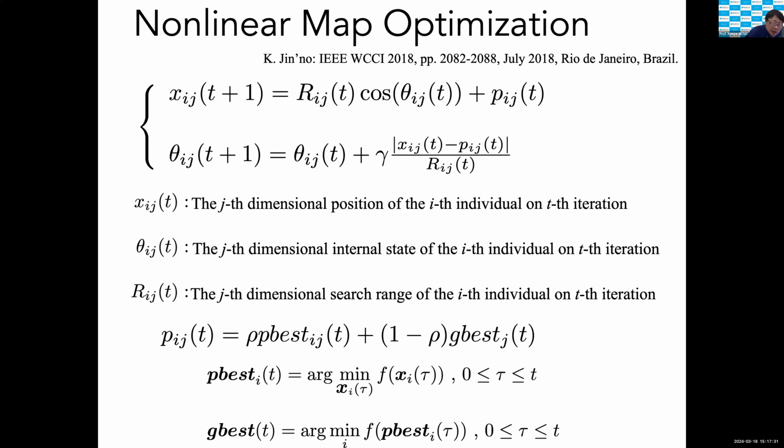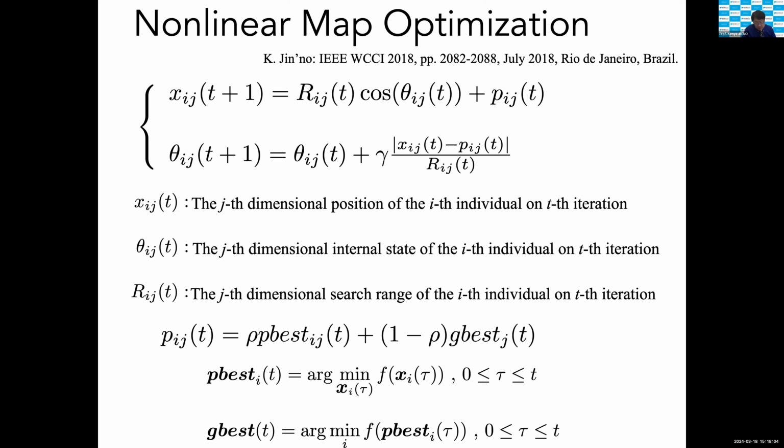The most significant difference from the canonical deterministic PSO is the formula for updating the inertial internal states. Additionally, the concept of velocity has been eliminated. Since this update equation can be considered a simple nonlinear mapping, we refer to it as nonlinear mapping optimization.